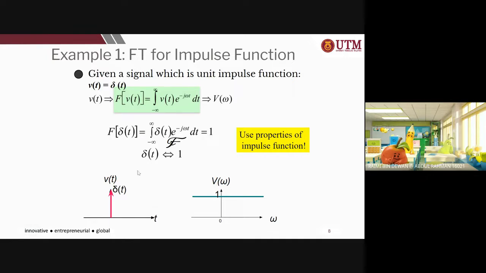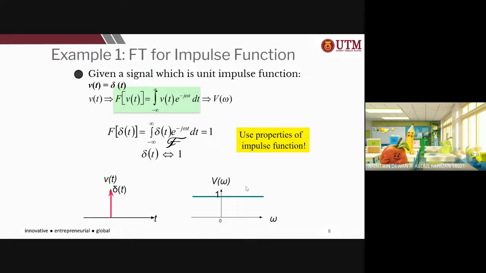So here we want to convert from the time domain to the frequency domain. So you need to put here the Fourier transform. We have vt from negative infinity to infinity, vt e to the j omega t dt. If you notice, we only have value at t equals 0.